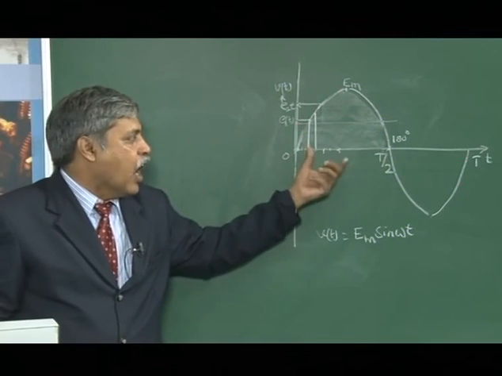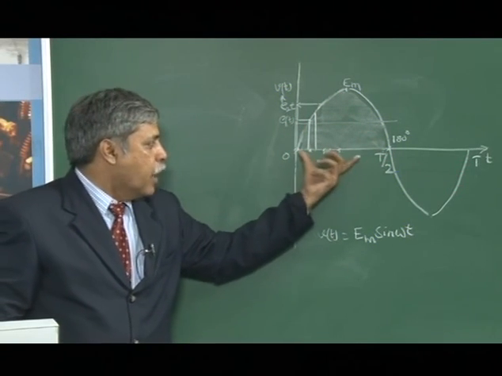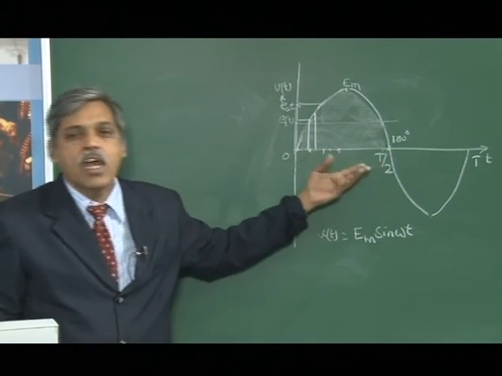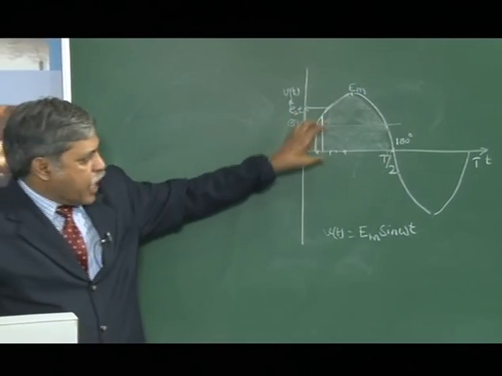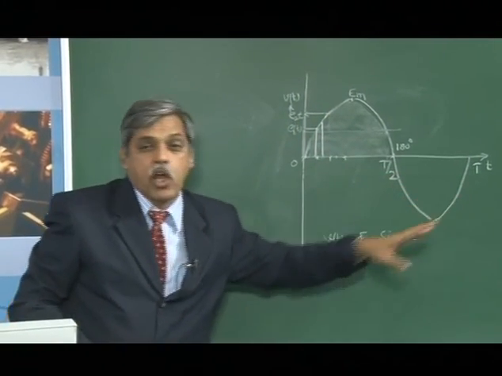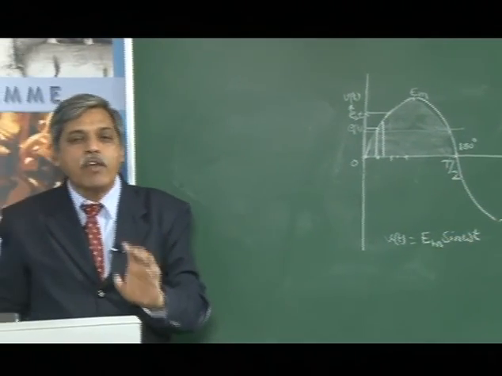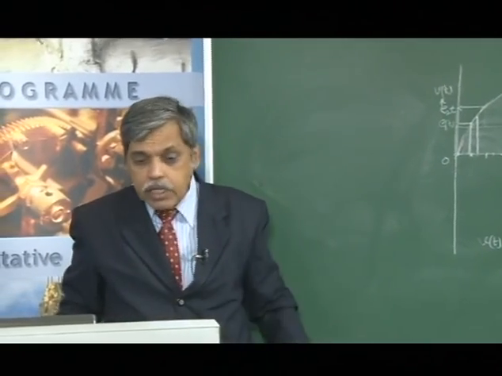I divide that area by the base length of T by 2 seconds, and I get the average value of the positive half cycle. The negative half cycle will have the same average value. So for sinusoidal quantities, the average value is expressed either for a positive half cycle or for a negative half cycle. We never express the average value for a full cycle.